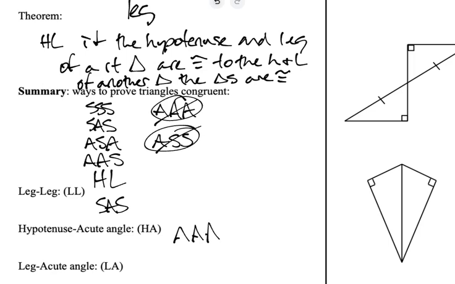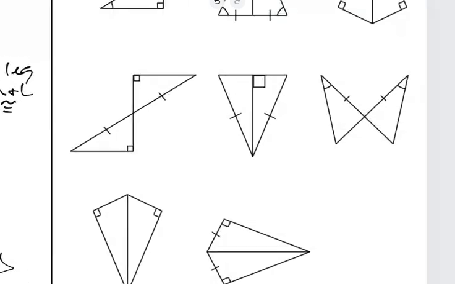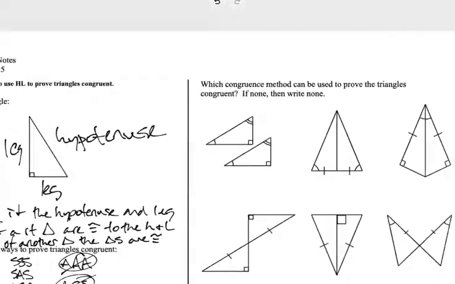Whoops, too many A's there. On a right triangle. So both of these are on right triangles. And then that leg acute angle is angle, angle, side. Also angle, side, angle on a right triangle. So these are just things that we don't really need to know because we're not really going to use those. But hypotenuse leg is definitely going to come into play. We got to know that.